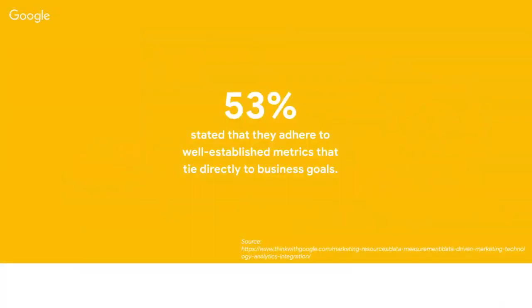So why is setting goals and aligning metrics so important? In a Forrester study commissioned by Google of survey respondents identified as sophisticated marketers, 53% stated that they adhere to well-established metrics that tie directly to business goals or customer outcomes. These marketers support organizations that are at least 3 times more likely to hit their goals than other marketing organizations.